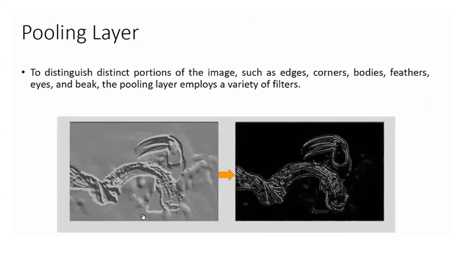After applying the pooling layer, it will be further simplified. Even the picture comes like this. So it is kind of black and white, straightforward. It can identify edges, corners, bodies, feathers, eyes, beak, kinds of things now separated into different filters.